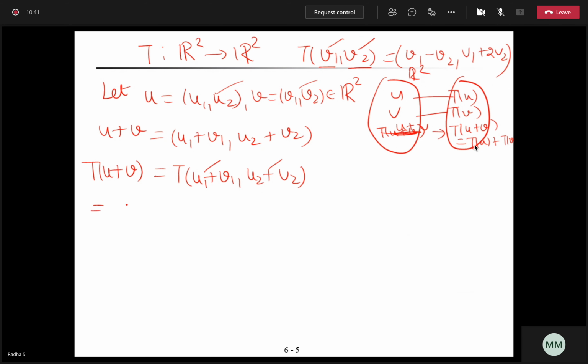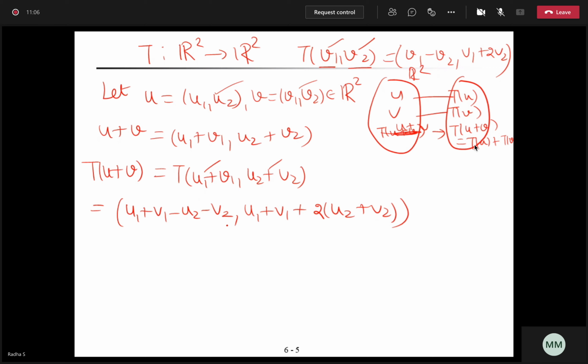So this is first coordinate minus second coordinate, comma, first coordinate plus 2 times the second coordinate. Is this clear what I am writing? Because T of (v1, v2), first coordinate comma second coordinate, is first coordinate minus second coordinate, comma, first coordinate plus 2 times the second coordinate.